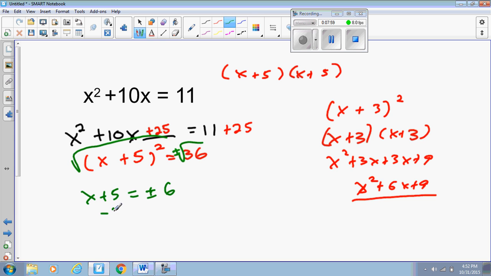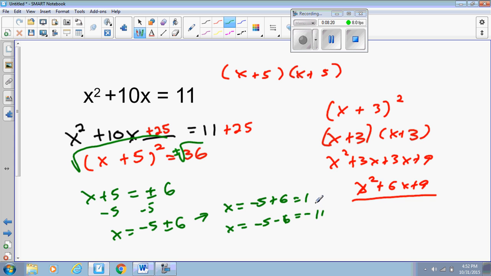Okay, I can subtract 5 from both sides. x equals negative 5 plus or minus 6, which means x equals negative 5 plus 6, which is 1, or x equals negative 5 minus 6, which is negative 11. And that's the answer there.